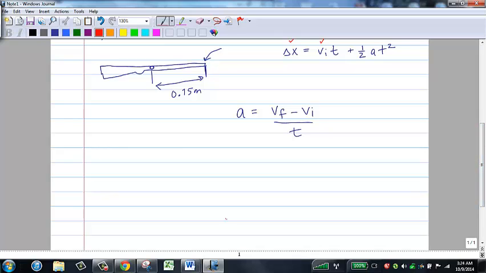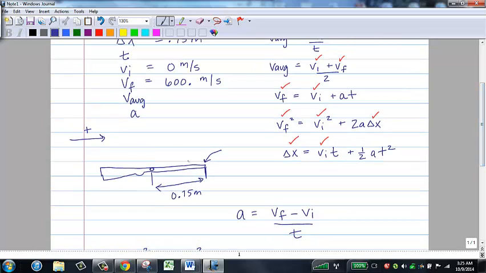I think this problem is a good example of the fact that it's often helpful to draw a picture of the scenario that's being described. So if you draw a picture of the rifle with the bullet in the rifle and think about where it is at the beginning of the problem and where it is at the end of the problem, you know this distance.